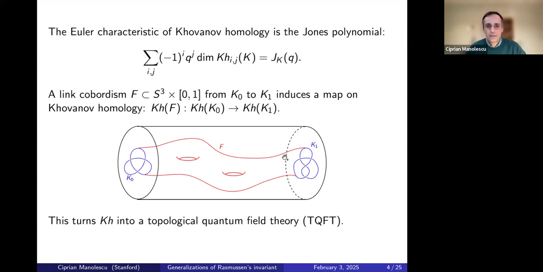And it has something to do with 4-dimensional topology in the sense that if you have a link cobordism in the cylinder S3 times [0,1] between 2 knots or 2 links, then you get a map on Khovanov homology, and they compose nicely. So this is some functor from cobordisms of knots to abelian groups. It's what we call a topological quantum field theory. But a priori, this is limited to surfaces in S3 times [0,1]. So we will see how to get to surfaces in other 4-manifolds.